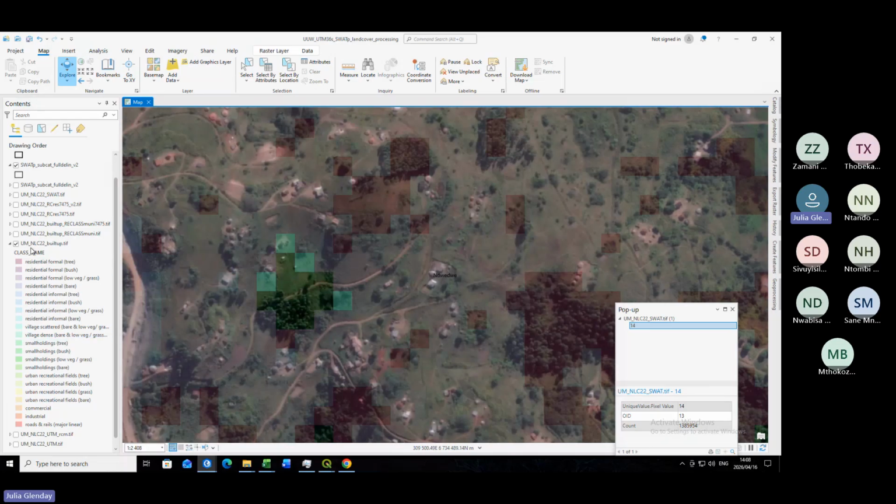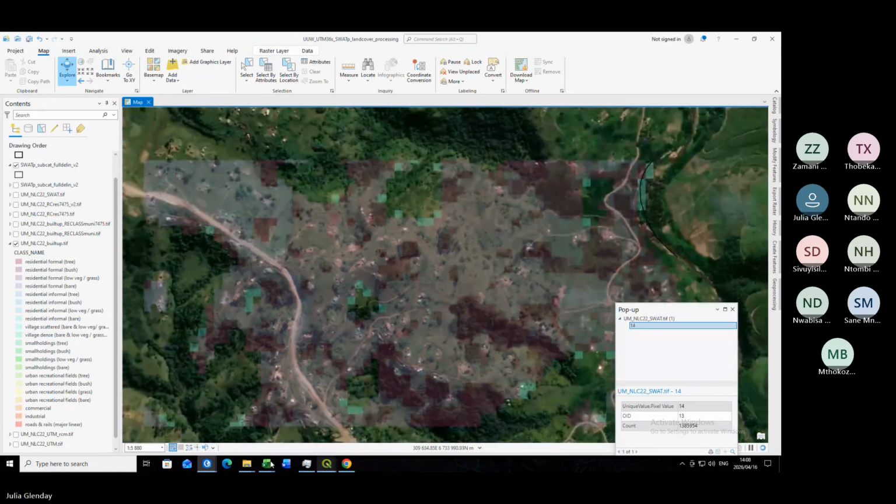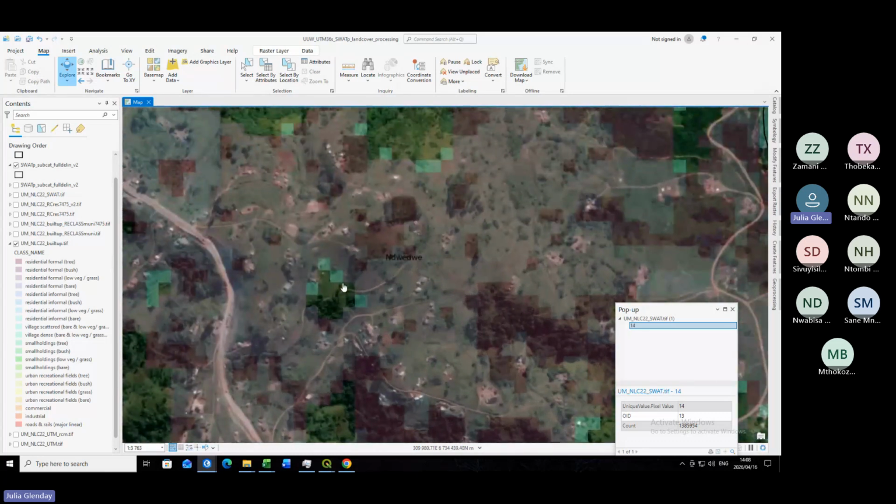So that's why the same class that is mapped by the National Land Cover data set, I can put into quite different types in our model classification, because if you look at the density of that compared to what we just looked at in the Msunduzi, it's very different.